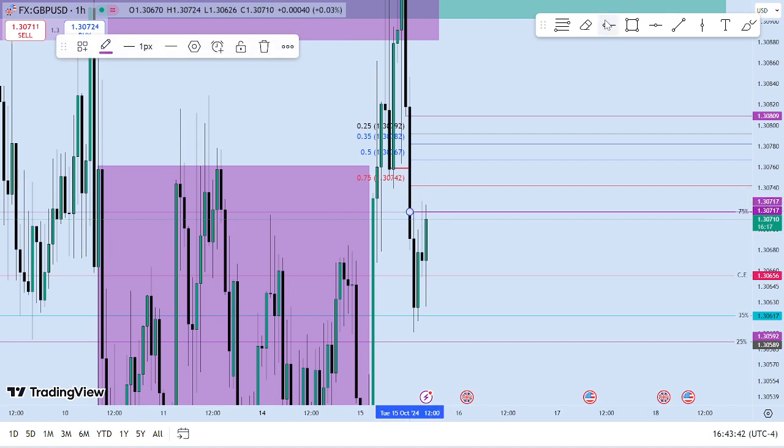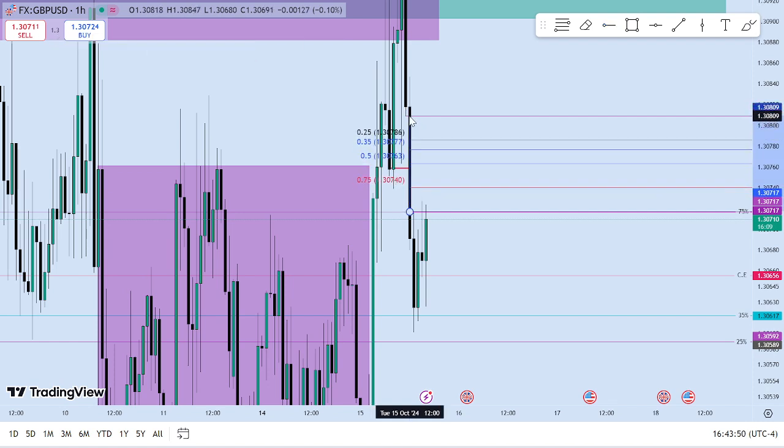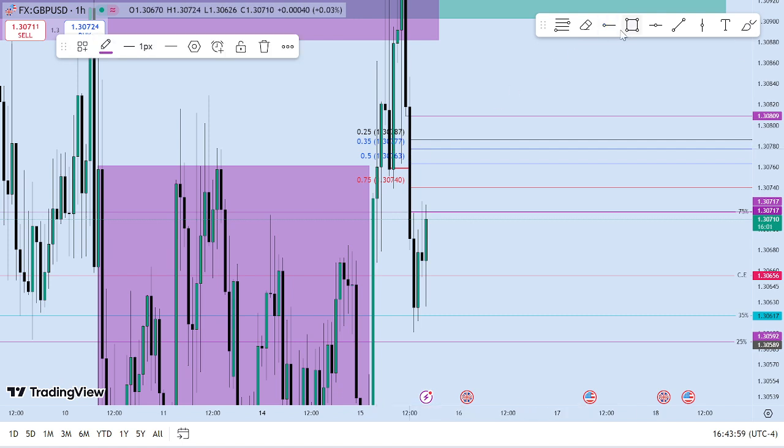Now you pyramid to get all your levels. Here is our 25% level, our 35% level, the 50% consequent encroachment, and our 75% level.